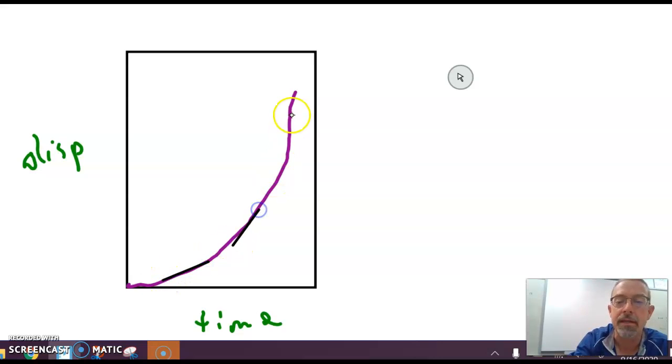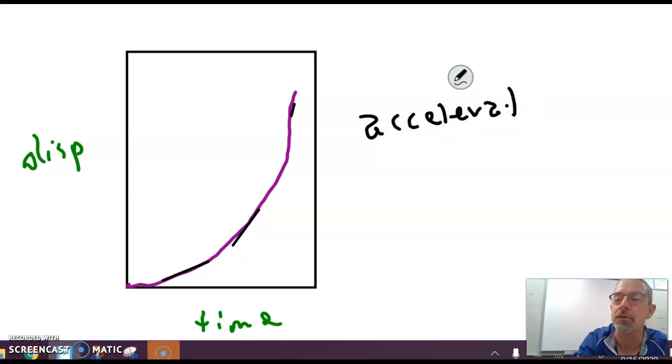My slope keeps getting steeper and steeper and steeper. This would indicate that this object is accelerating because my velocity is changing over time. This ends up being a positive velocity. That's a positive acceleration. Each second, I go a little bit greater distance or a little bit greater displacement.